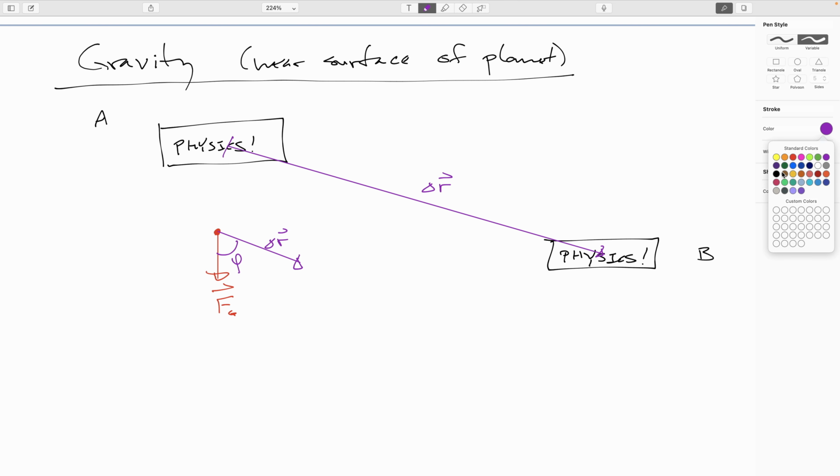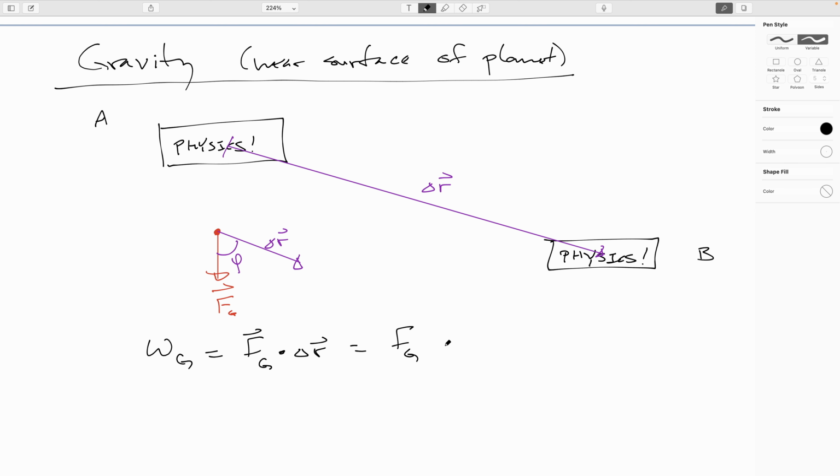Now, since the force is constant and our path is a straight line, the work done by gravity here is equal to the force of gravity dotted with the displacement. That will be the force of gravity times the displacement times the cosine of the angle between the two. When I put them tail to tail, that's phi.